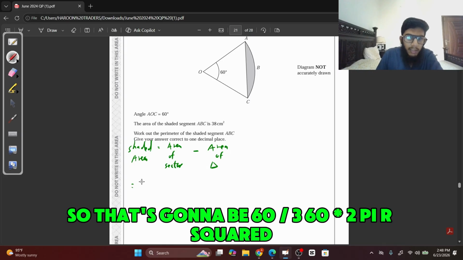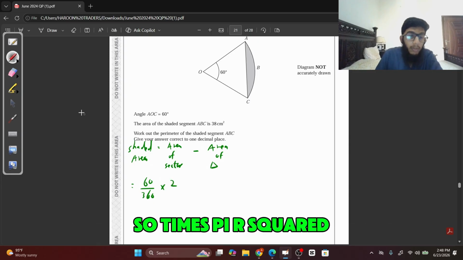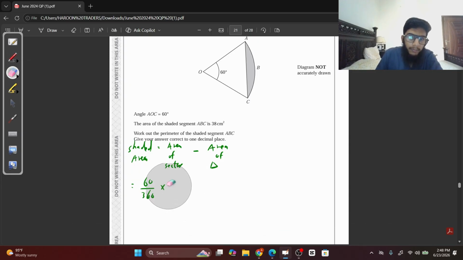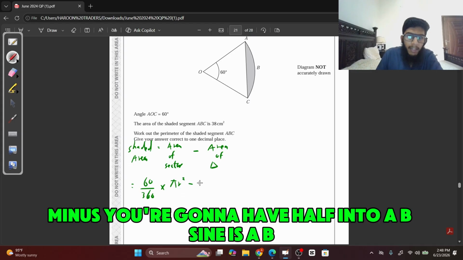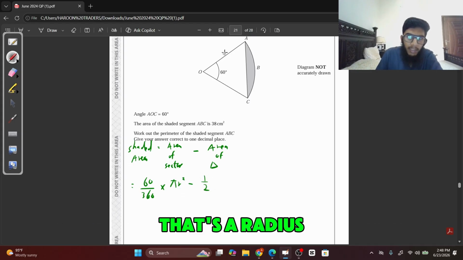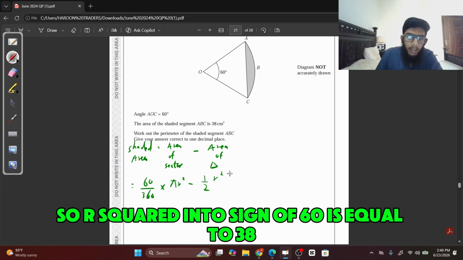That's going to be 60 divided by 360 times pi r squared, minus, you're going to have half into AB, that's a radius, so r squared into sine of 60 is equal to 38.